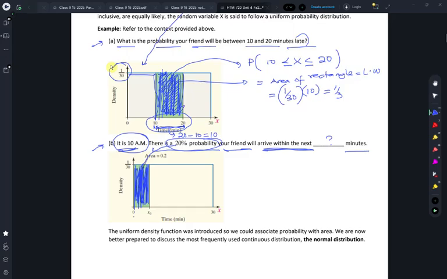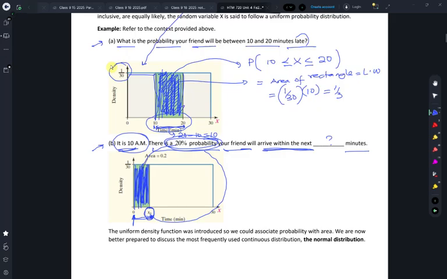We only want to know how many minutes, from the time when you're supposed to meet, until that friend shows up, and that the chance that that will occur between 0, showing up on time, and showing up at that unknown time is what? 20% probability, or 0.2.